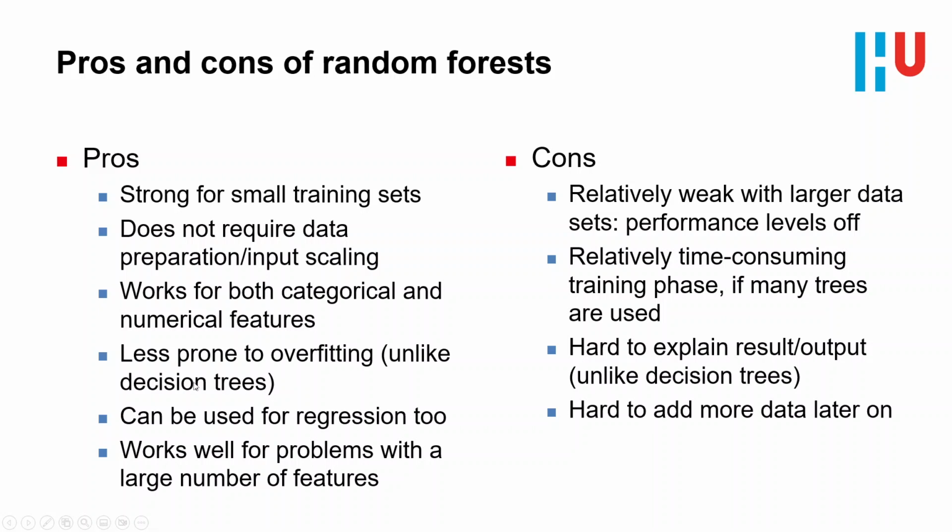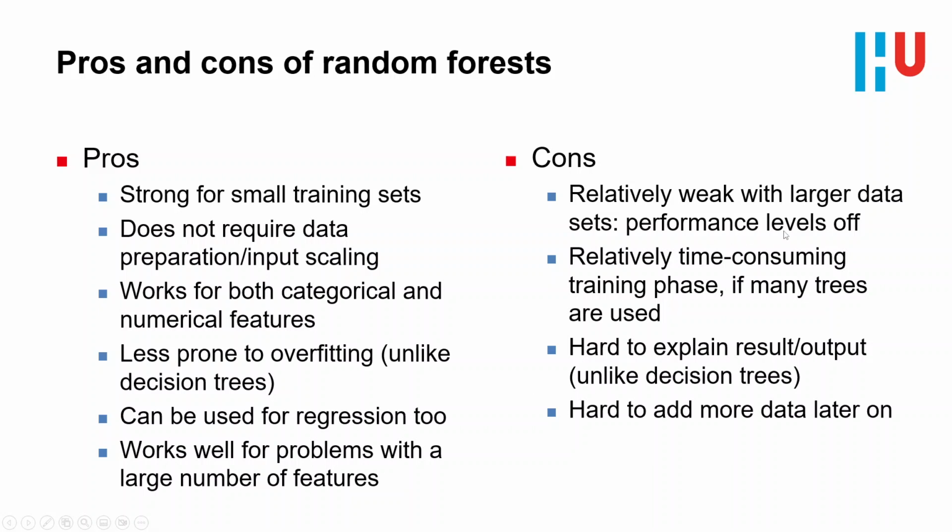Decision trees are, because it's really very dependent on which question you ask first and which one you ask later. And the random forest is a little bit less sensitive to that. And you can use it for regression too, so you could also use it to get an output value instead of a label. And it works relatively well for problems with a large number of features.